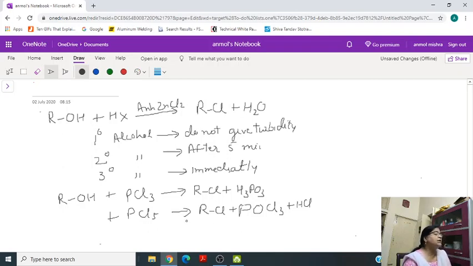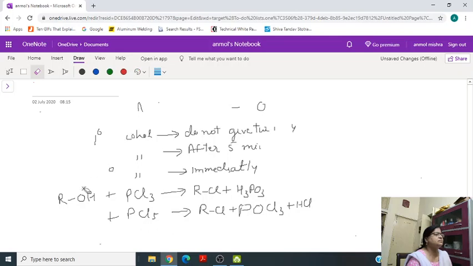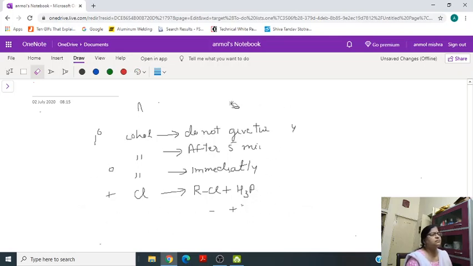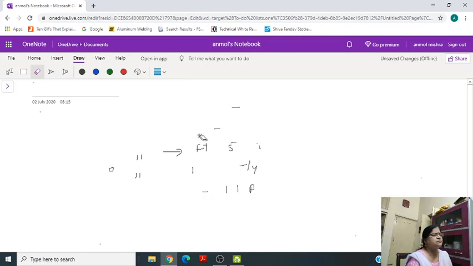Next is dehydration reaction. Now dehydration reaction is removal of water molecule.